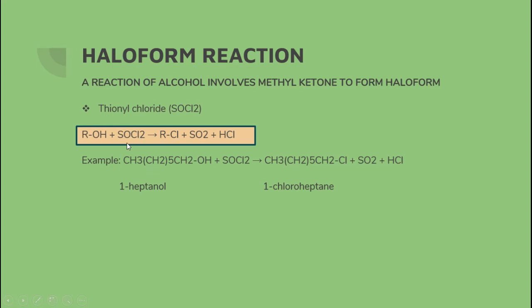The only thing that changed is the functional group of the alcohol, the hydroxyl group, because its position is replaced by the chlorine to form alkyl halides. And here, the side products we got are sulfur dioxide and hydrochloric acid.